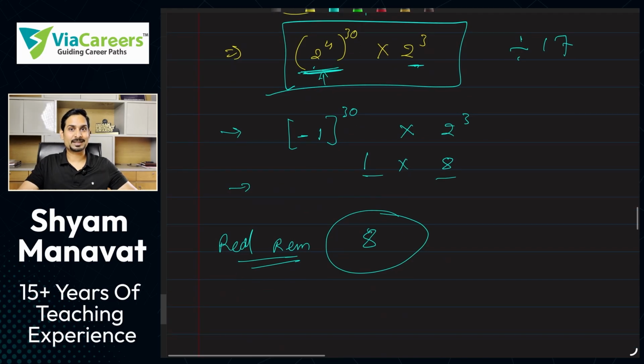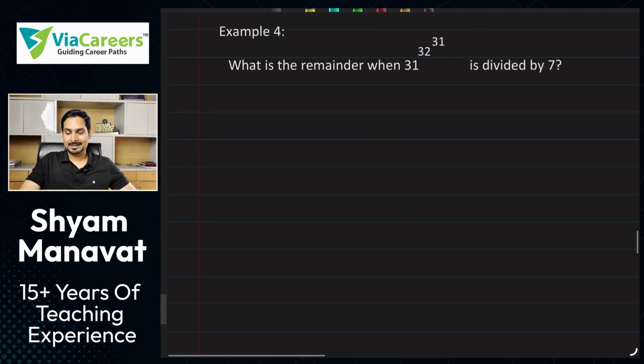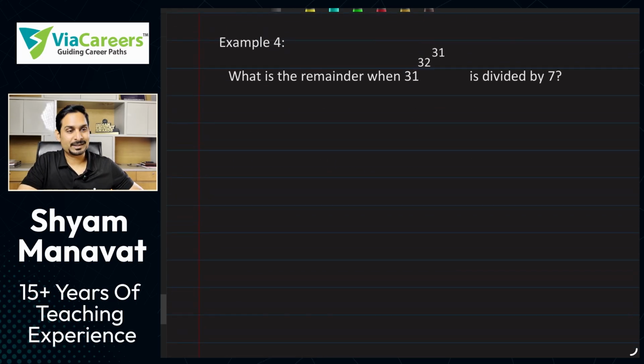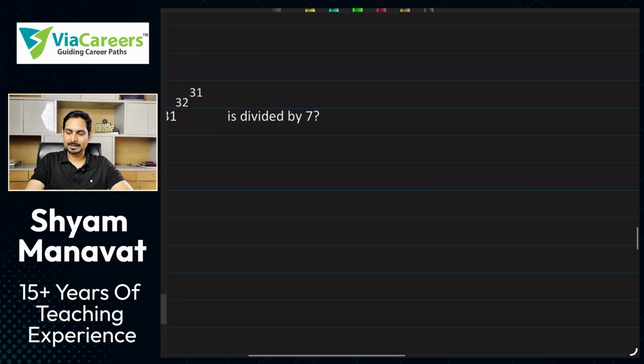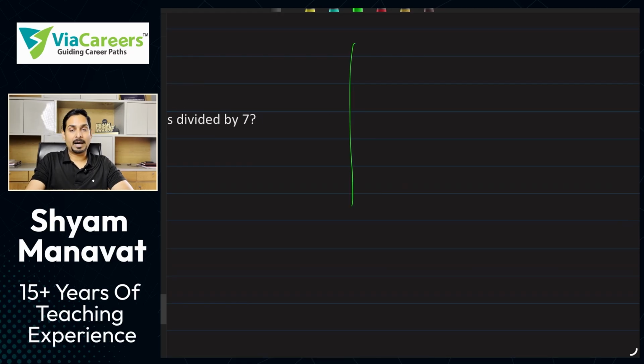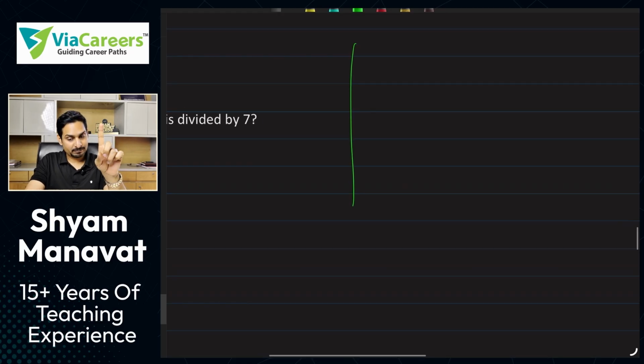Let's take some more examples. Great, here I got another example for you. I hope you understand the difference between power to the power and bracket to power. This we have discussed in the surds and indices chapter.